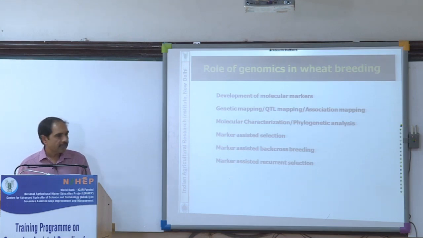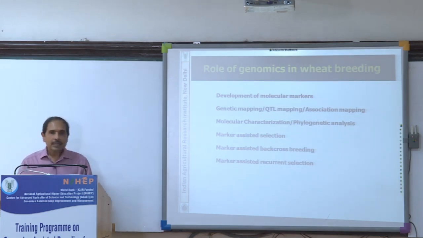Then molecular characterization, I showed you, it can be used, and even for cytoplasmic characterization one can use chloroplast based PCRs, chloroplast based SSRs, and then marker assisted selection, marker assisted backcross breeding, marker assisted recurrent selection. I did not discuss this because this is another area where you can combine a number of QTLs using marker assisted recurrent selection. So whether it's drought or heat tolerance, when you have a number of QTLs you want to combine, you can combine them using marker assisted recurrent selection.